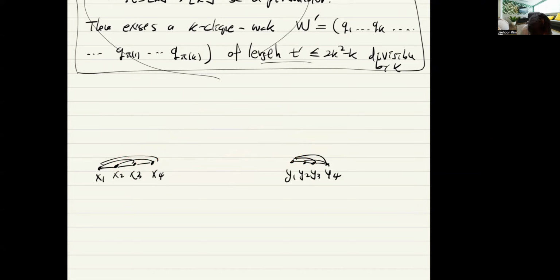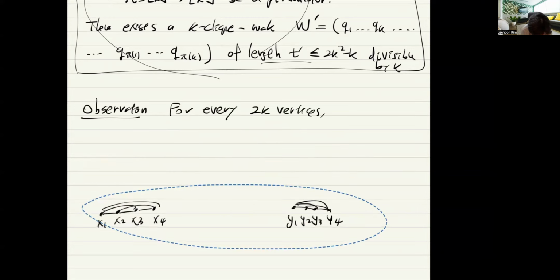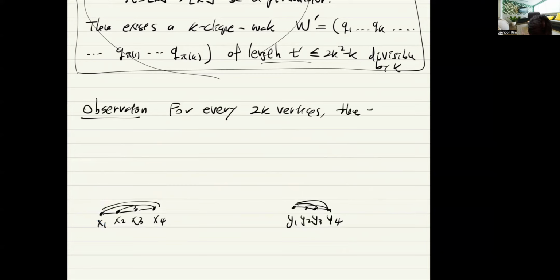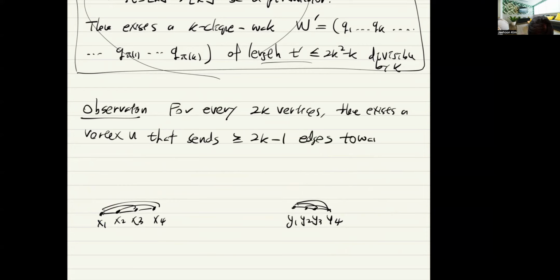One observation is that for every 2K vertices, you can always find a vertex U that sends at least 2K minus 1 edges towards them.